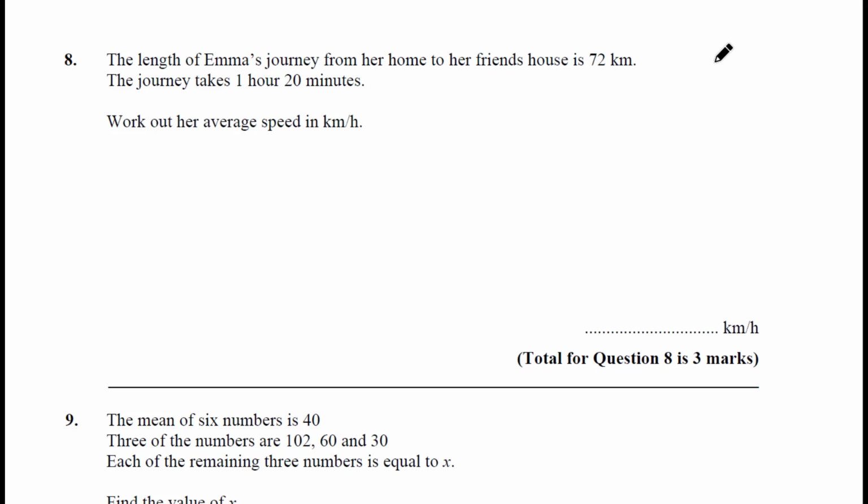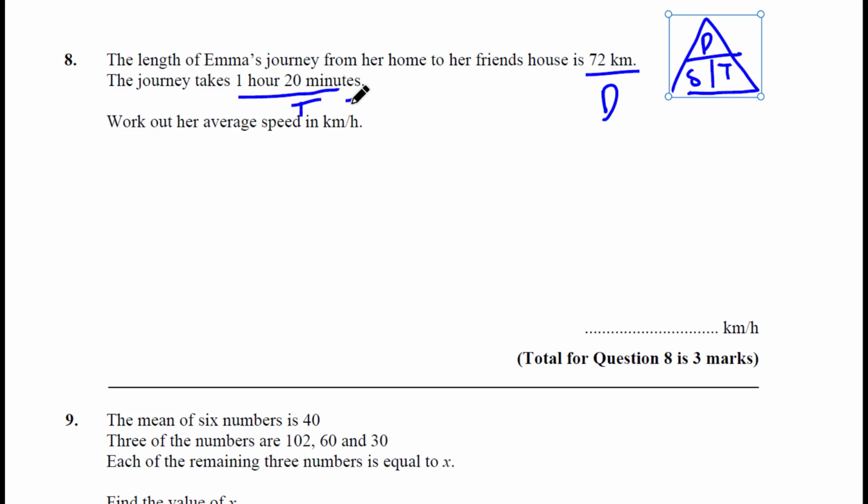So if you read the question, you can tell this is a speed, distance and time type question, where D is 72, the time is 1 hour 20, but you can see it's hours and minutes, and you can see the speed.